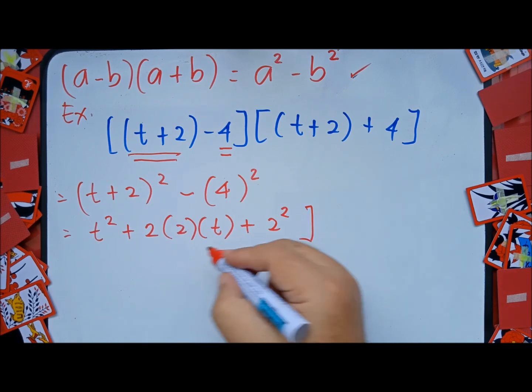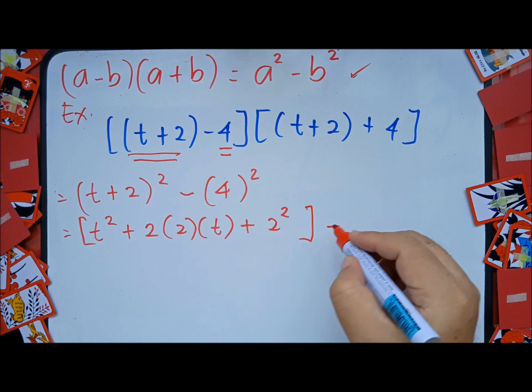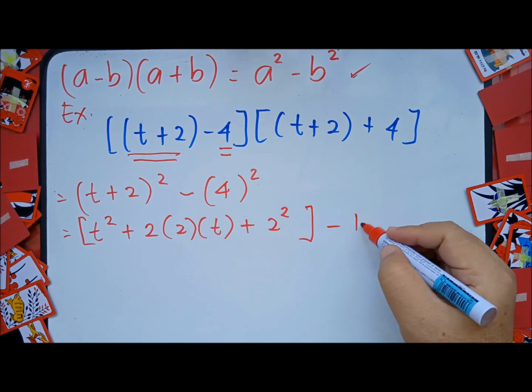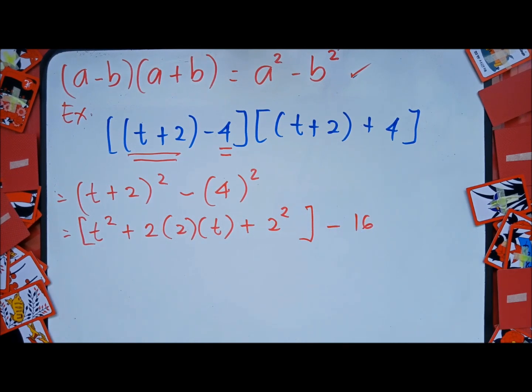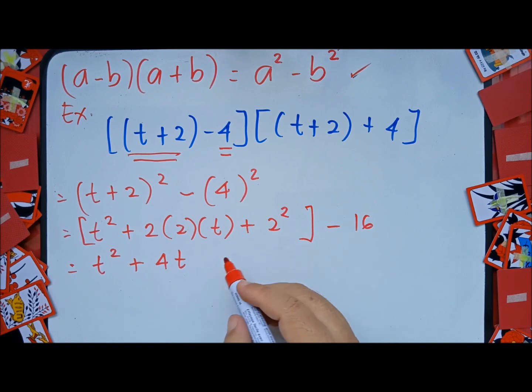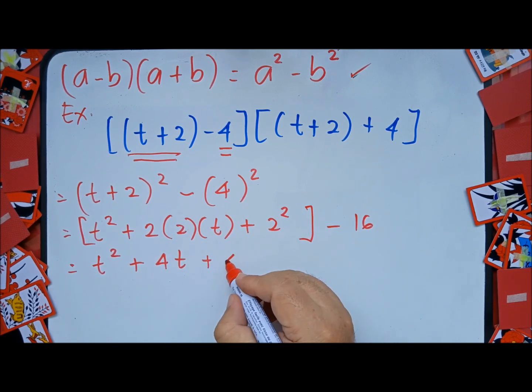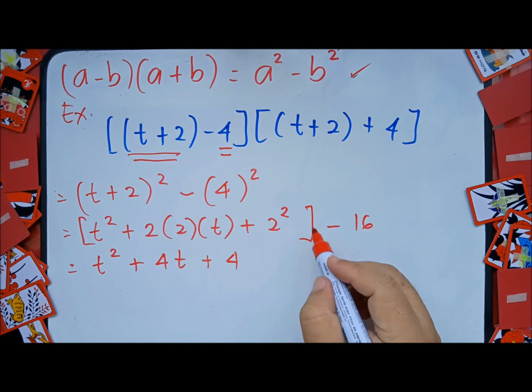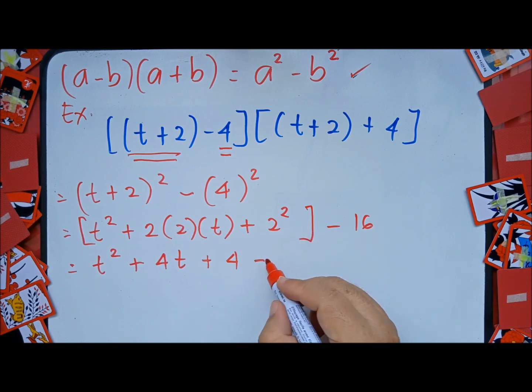Now, then minus 4 times 4 is 16. Now, we will simplify this. t squared, 2 times 2, 4, 4t, plus 2 times 2, 4. Then, we will remove the bracket. Minus 16.